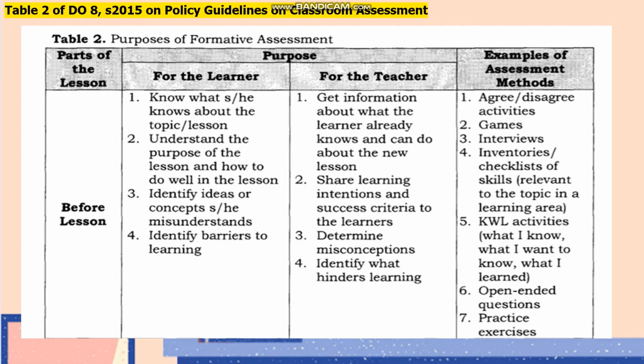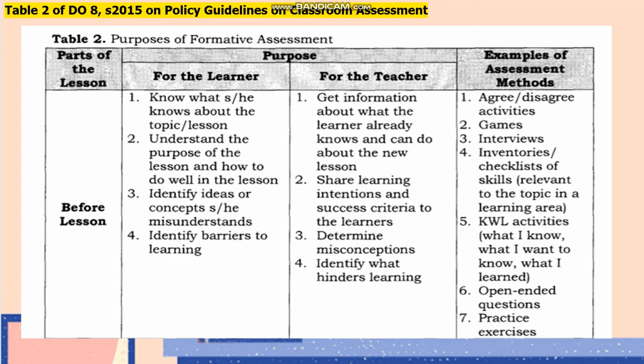These are the purposes of formative assessment based on Table 2 of the parts of the lesson. We have before the lesson. We have also the purpose for the learner and for the teacher, and the examples of assessment methods.